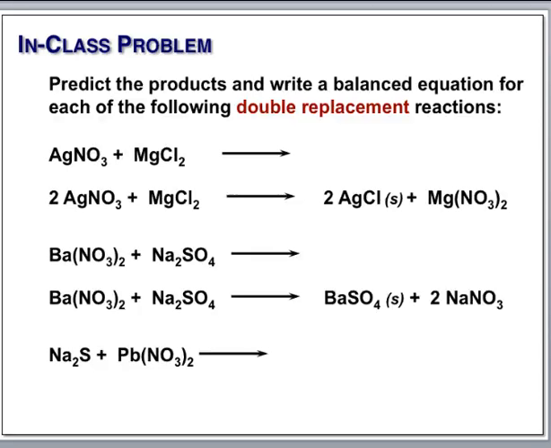And finally, here we have sodium sulfide reacting with lead nitrate. Now our ions here would be sodium nitrate, we know that's soluble, and lead sulfide. We don't have a clue about sulfide, do we?